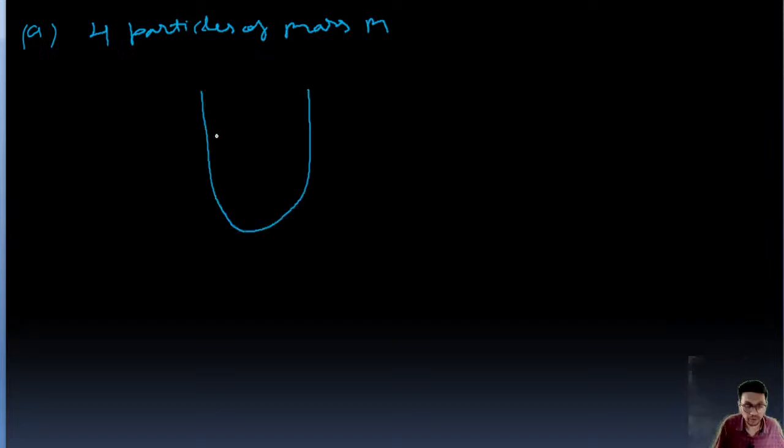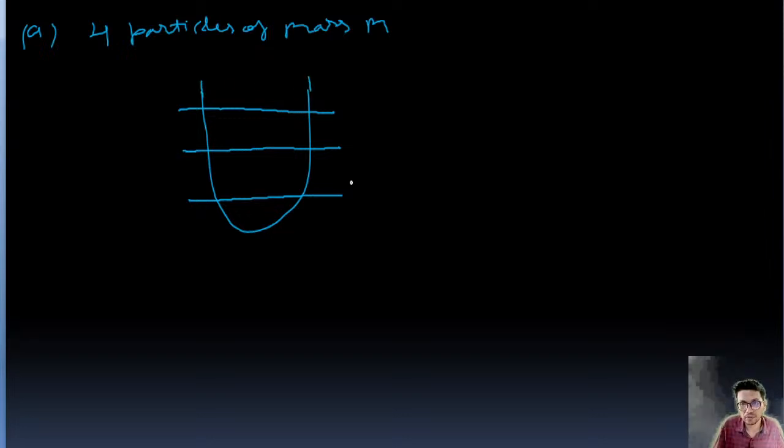This is a 1D harmonic oscillator, right? For mass m, the energies are h cut omega by 2, 3 by 2 h cut omega and 5 by 2 h cut omega, right? These are the energies.